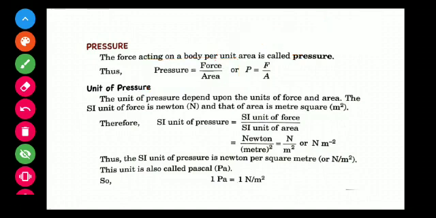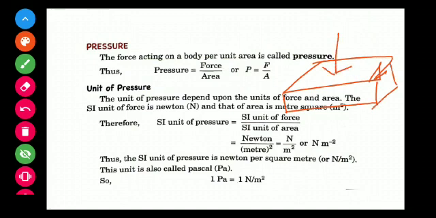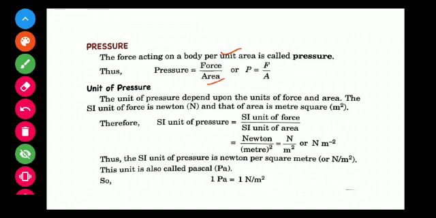For example, this is your body, and this is the perpendicular force, and this is your area. So, what is the pressure? Pressure is equal to the ratio of this applied force divided by area. Pressure is equal to force upon area.